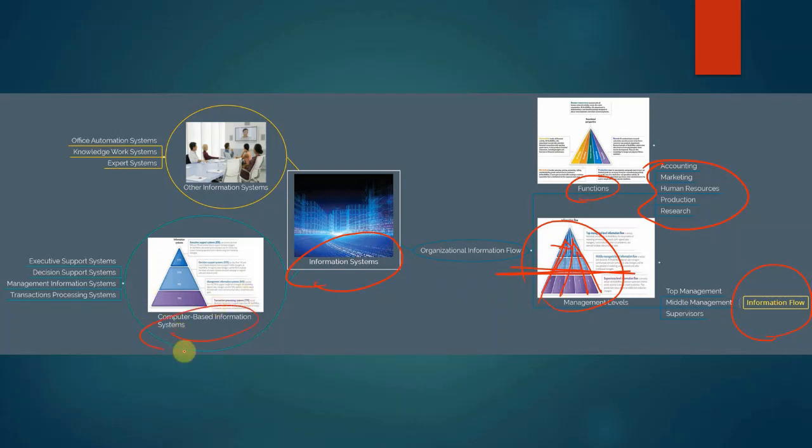And then we talked about the different computer-based systems that are used across the different functions and management levels of an organization, from TPS to MIS to DSS to ESS. And then we finally said there's a category of others, from office automation systems and KWS systems to an expert system like IBM Watson. And that's it for information systems.